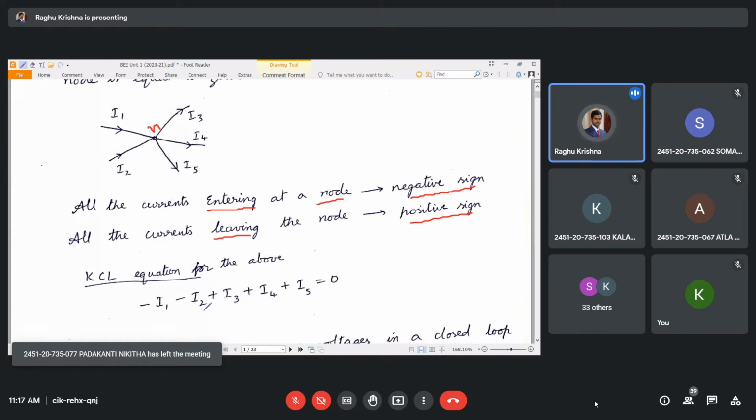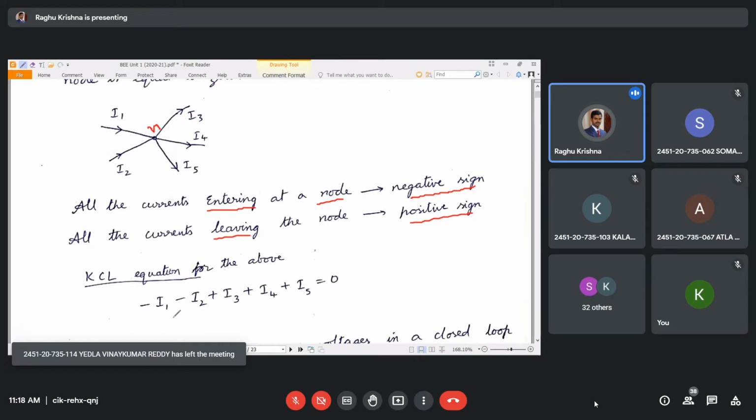Follow this notation. This is very important. I1, I2 I have taken negative sign. I3, I4, I5 are the currents leaving the node, so take positive sign. Always take the currents entering a node as negative sign, and currents leaving the node with positive sign.